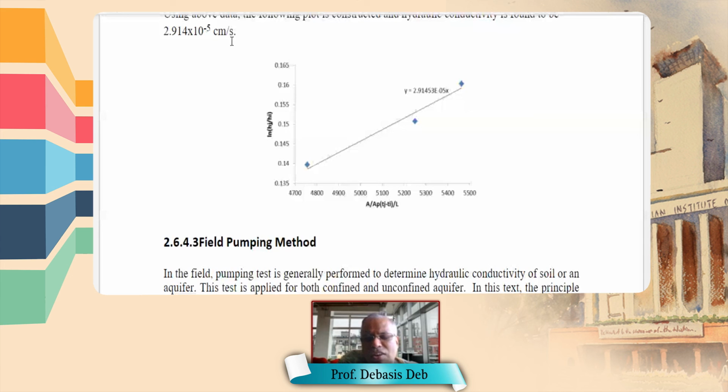So normally hydraulic conductivity of a groundwater reservoir we normally give per day, and sometimes you will be surprised to know, in some rock layers it moves hardly a few centimeters in a day.